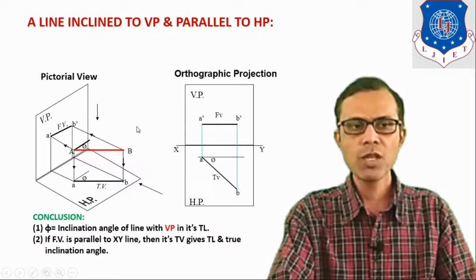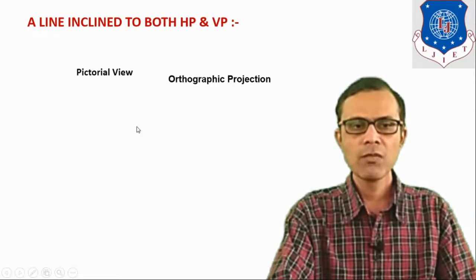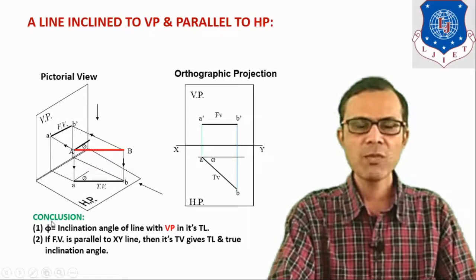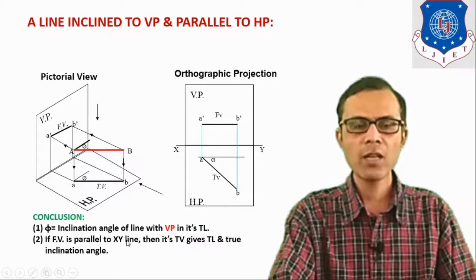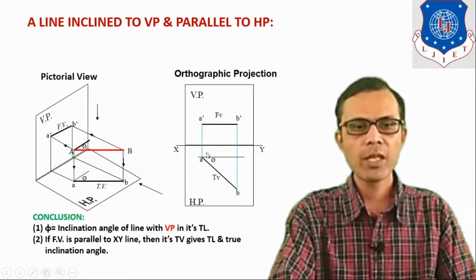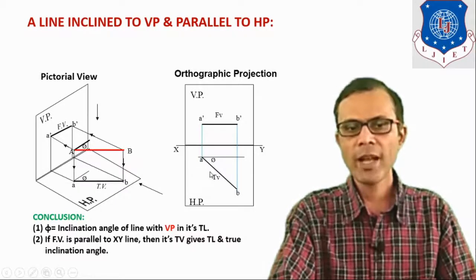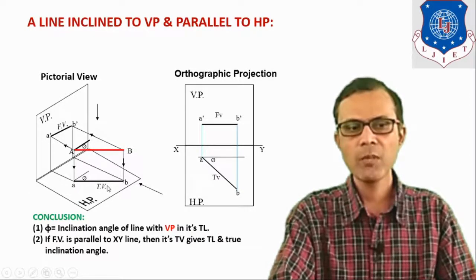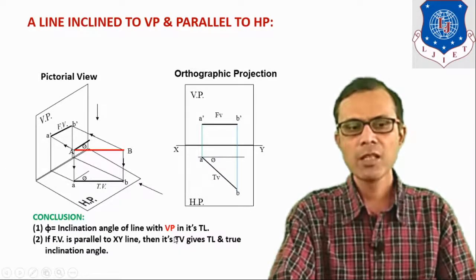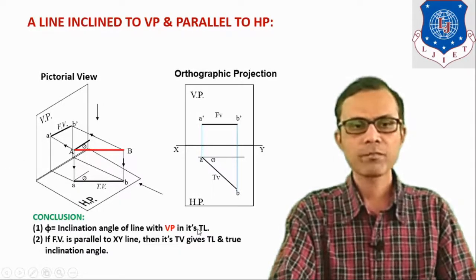Now the important conclusion we can derive from this example is, first, phi is the inclination angle of the line with VP. Here you can see phi is the inclination angle of the line with VP, the vertical plane, in its true length.